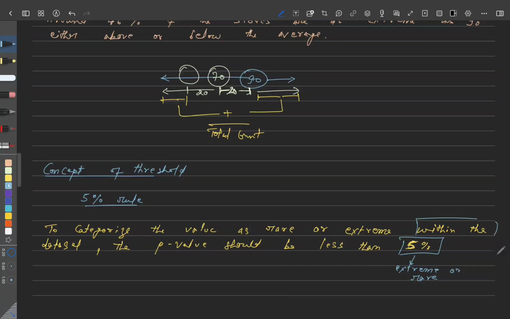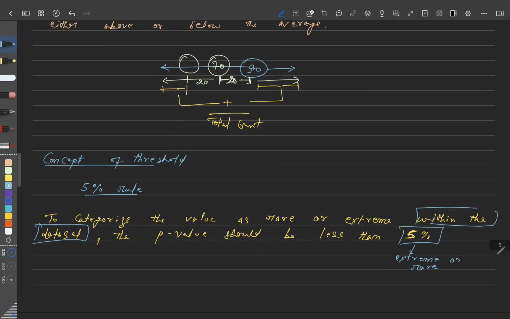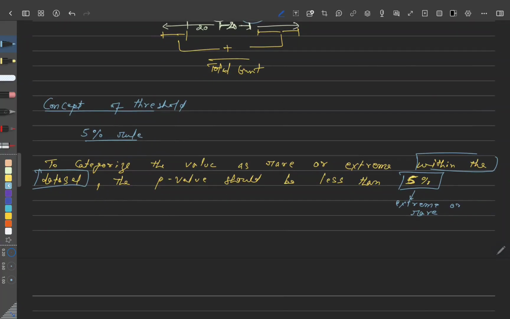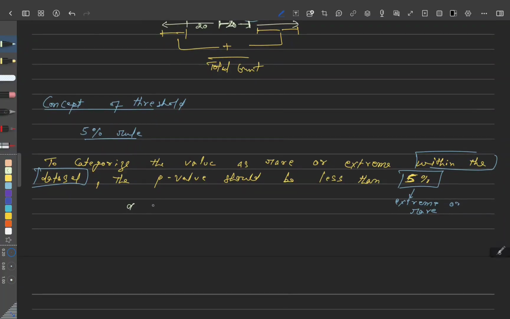And within the given data set, this threshold is often called alpha. It is often denoted as alpha.